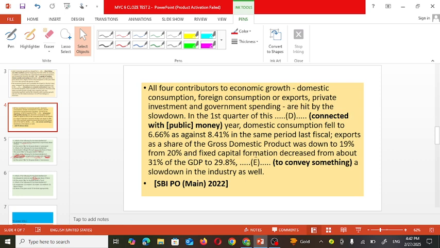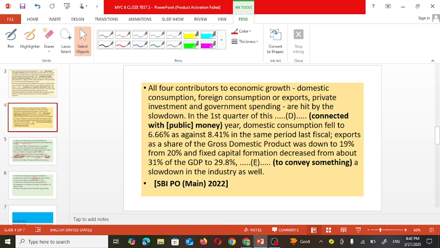And fixed capital formation decreased from about 31% of GDP to 29.8%, a dash slowdown in the industry as well.